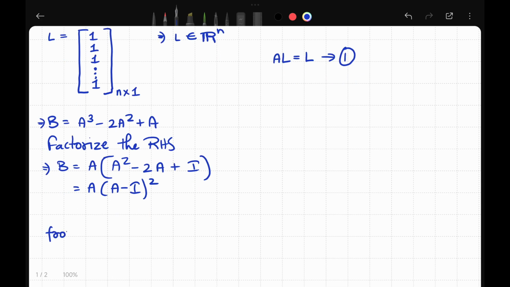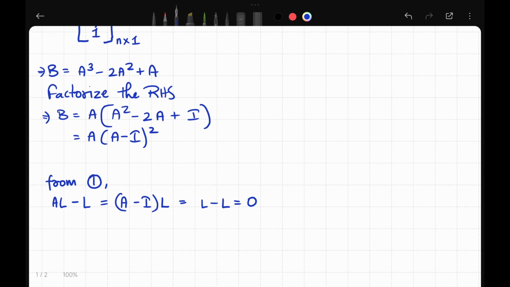Okay, so from 1, AL minus L, which is equal to A minus I times of L, which is equal to L minus L equals 0, right? Because AL is the same as L. And the thing that we are taking away from this is that A minus I times of L equals 0.